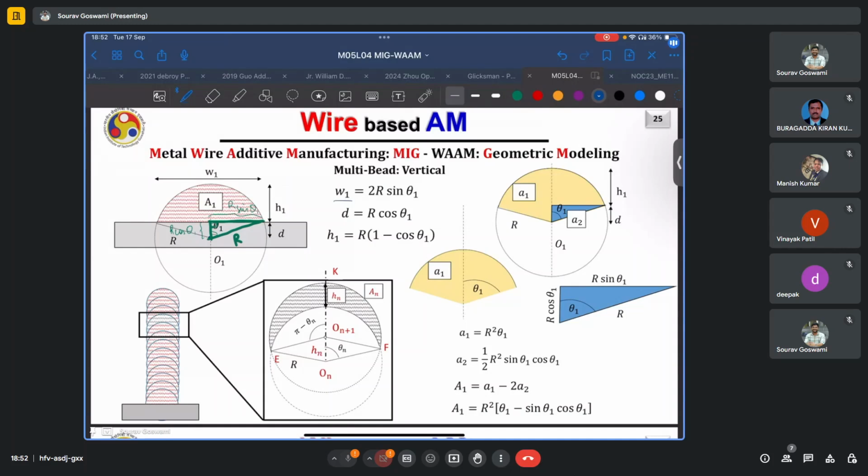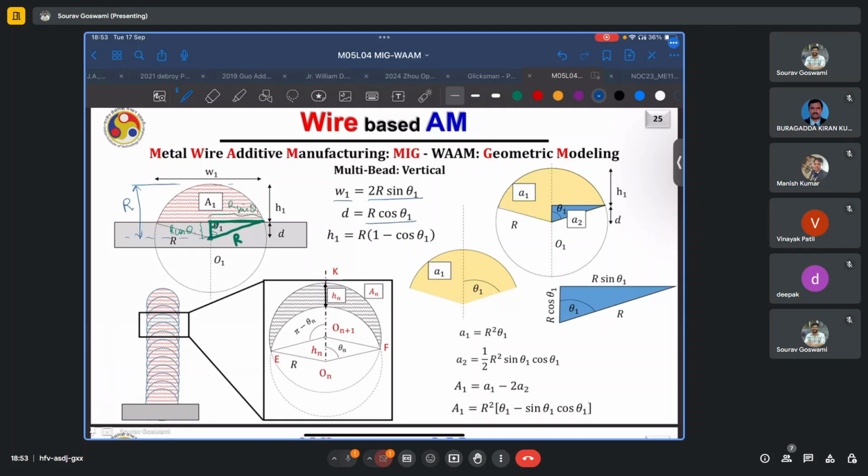This is what is shown here as well. So W1 is twice this length, so 2r sin theta 1. The height d is r cos theta 1. And h1 is simply the radius r minus d, or r minus r cos theta 1, so r times 1 minus cos theta 1.